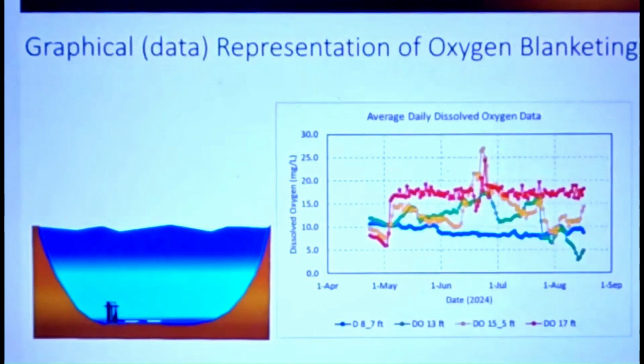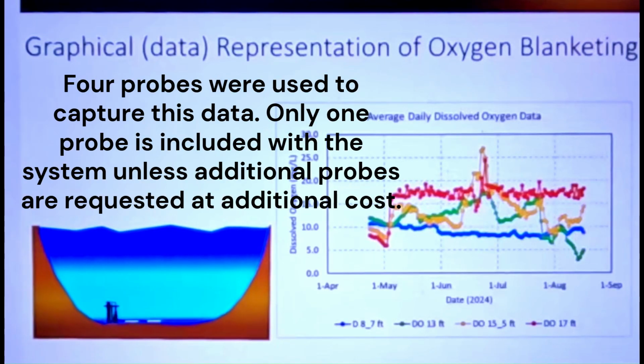So if we look at it graphically from actual data that's collected, and this is data that we collected in a lake in Cape Cod, we have 4 different DO probes positioned at about 8.5 feet deep, 13 feet, 15 feet, and 17 feet deep. And the 17-foot one is one that's inches above the sediment.